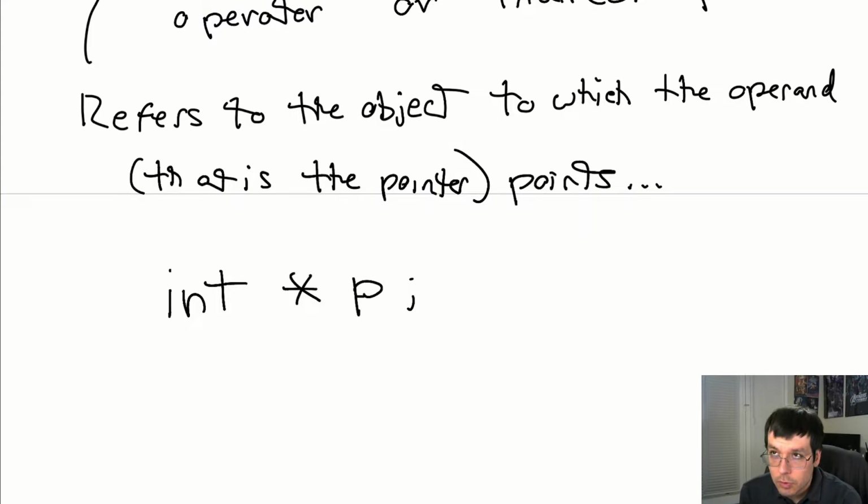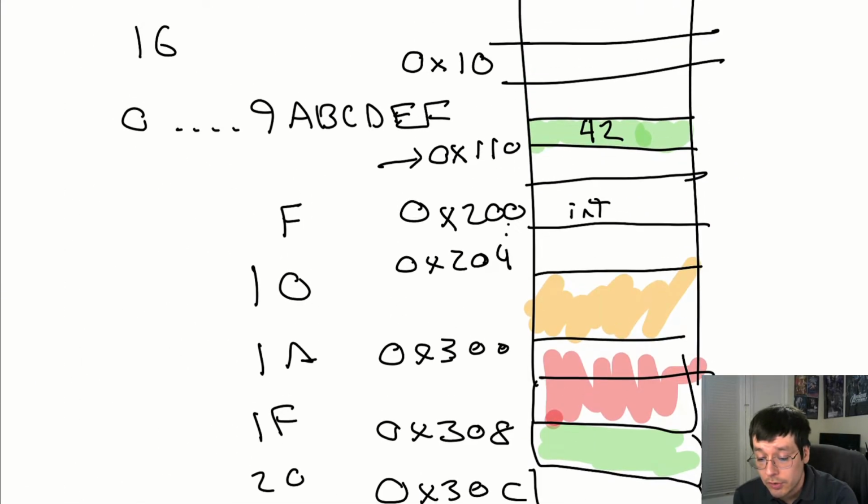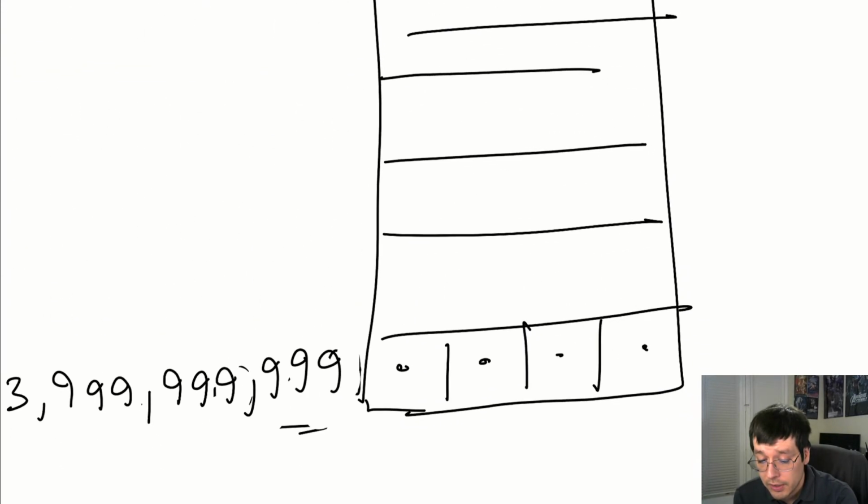So for now, all I want to say is that it needs to know how big whatever it's pointing to is, okay? And also it needs to know what it is so that it can actually use it, because at the end of the day, everything is zeros and ones, and particularly in memory, everything is stored as zeros and ones, right? That's what I was saying.